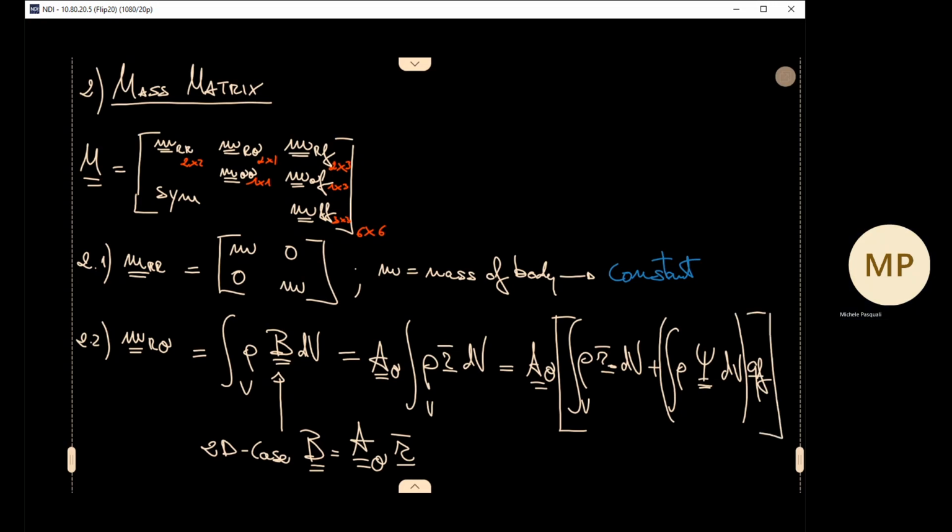Always in V. So I've written basically R over bar as the rigid part plus the deformation part. And then I brought QF out of the integral sign. Okay, that's what I did.